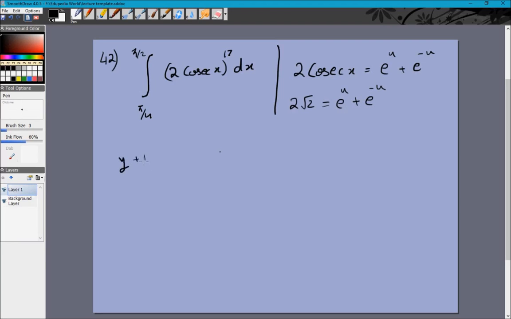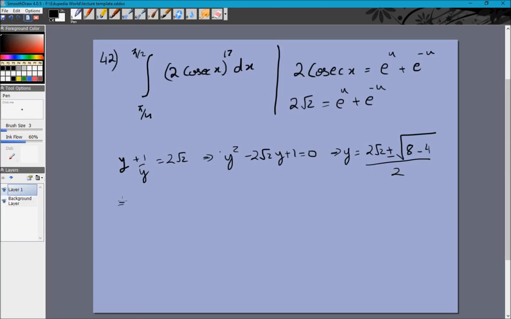So we get y plus 1 by y is equal to 2 root 2, which means y square minus 2 root 2 y plus 1 is equal to 0, which means y is equal to 2 root 2 plus minus root of 8 minus 4 by 2, which means y is equal to root 2 plus minus, this is root of 4, so 2 divided by 2, so this will be 1 as well. So it will be root 2 plus minus 1, right?